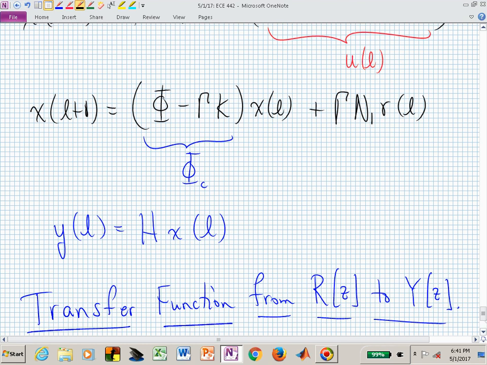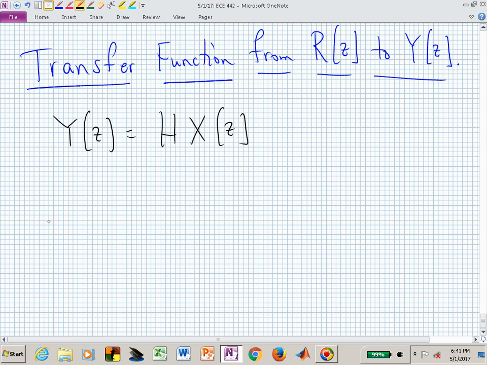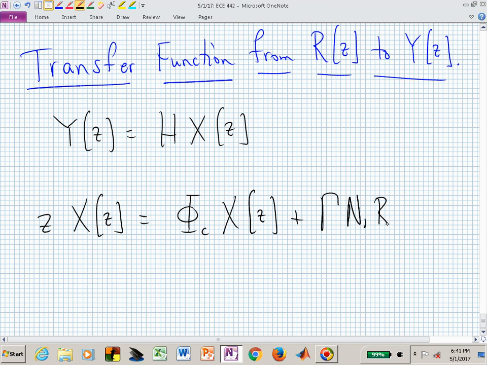So now we have, z-transforming the dynamics, z times capital X of z. Again, we're neglecting initial conditions because we're worried about a transfer function. That's equal to, now I'll simplify that and say just worry about the closed loop system matrix, phi sub c, times X of z plus gamma n sub 1 R of z.